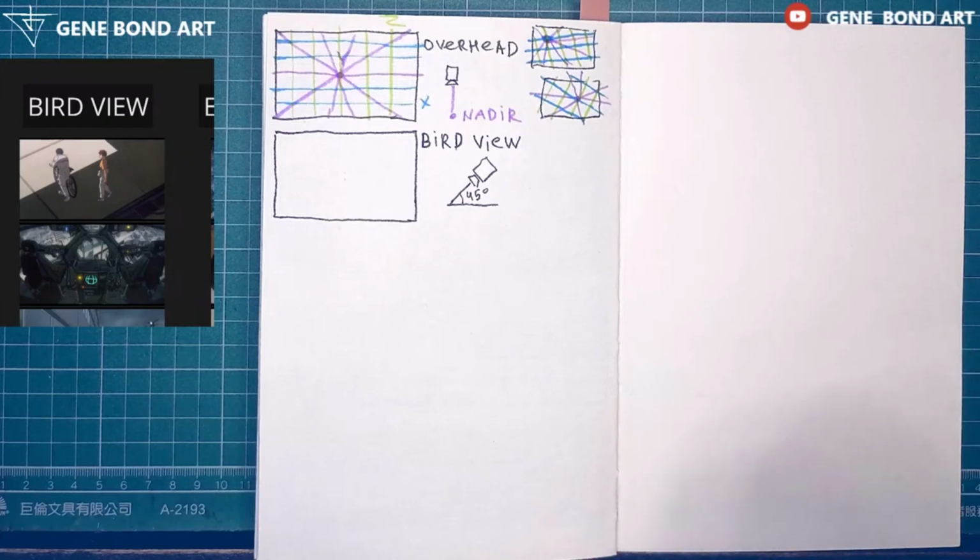This kind of shot goes by names like drone shot, helicopter shot, and bird view.